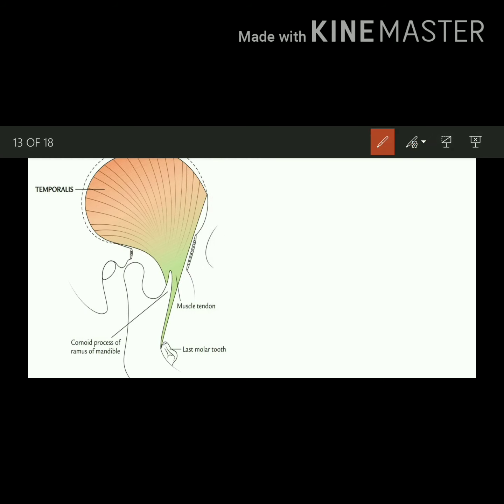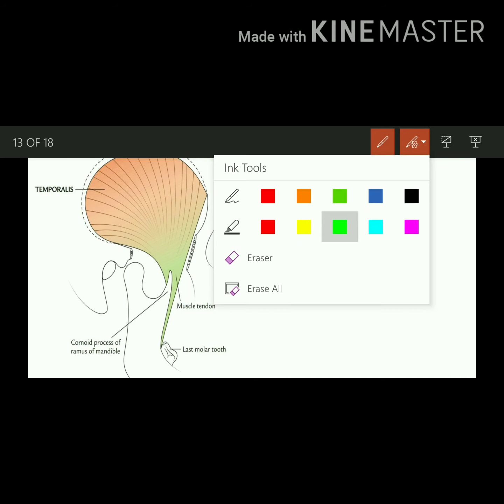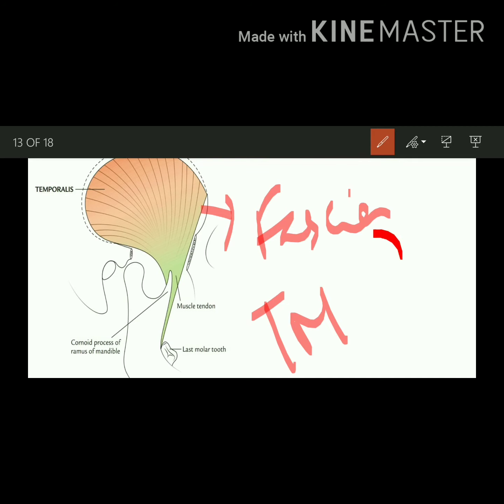Temporalis muscle: here one thing to note is that this arises from the temporalis fascia and the floor of the temporal fossa. This temporalis fascia is the toughest fascia. So this fascia is used in surgery called myringoplasty. In myringoplasty, this fascia is used to reconstruct the tympanic membrane.